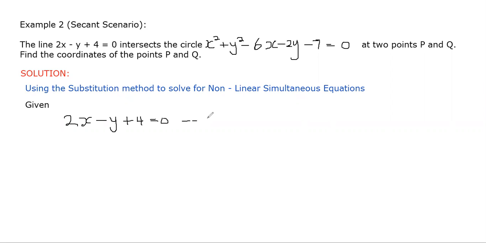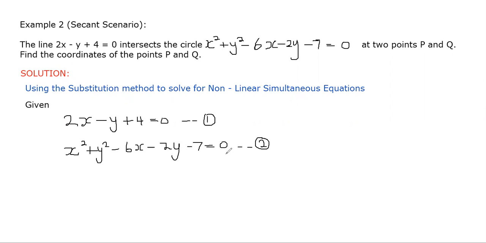I'm going to label this as equation 1. My second equation given is x squared plus y squared minus 6x minus 2y minus 7 equals 0. This is my second equation.